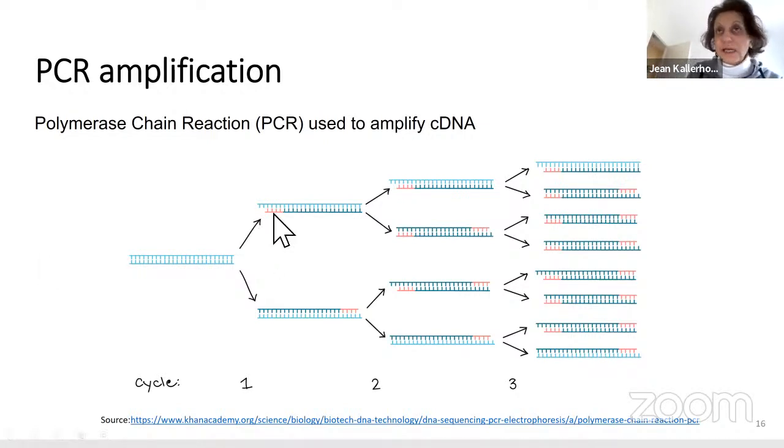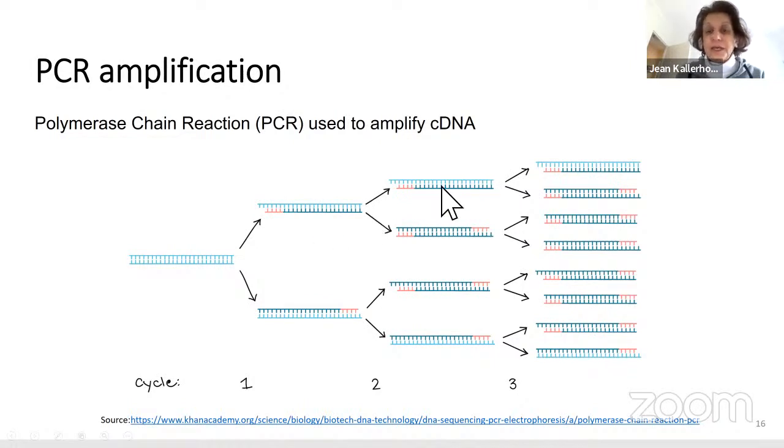So they designed, you see those little red things? These are called primers, right? These primers will anneal, will link to extremities, and using a very special enzyme that we will see in the next slides, it will copy and make a complementary sequence of the blue DNA strand.